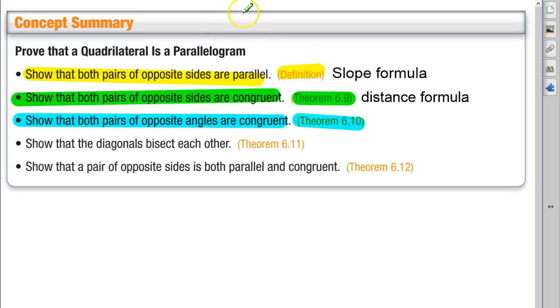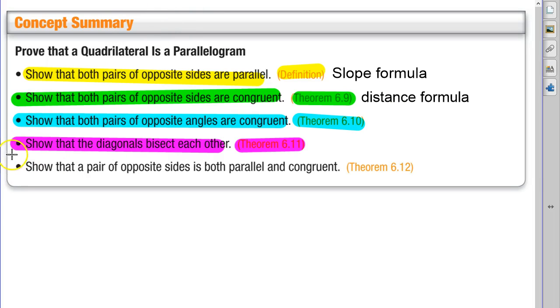Next one, show that the diagonals bisect each other. And that one's a little trickier. You can show that the parts are congruent, or if you want to do it with one of the formulas we have, we can also do that with the midpoint formula. So I'm going to put this down with an arrow.